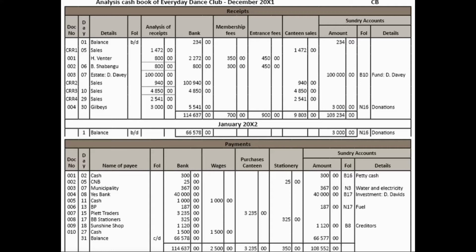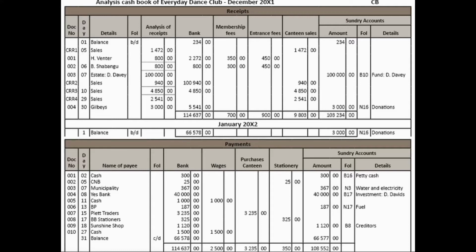Okay, and then on the 10th, we have sales, 4850. In the analysis column, that amount was also deposited, so 4850 in the bank column and also in the canteen sales column.